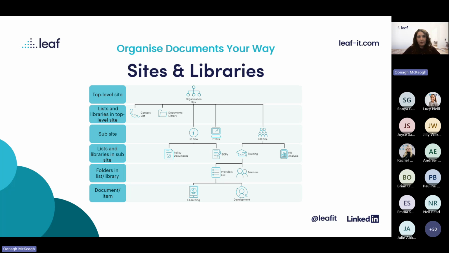And then you've also got 3 sites underneath that. So you've got your IG site, your IT site, and your HR site. So, for example, you might have access to IG and HR, but not necessarily IT. And then within that, you've also got your lists and your document libraries and maybe some other subsites within the HR site, for example.